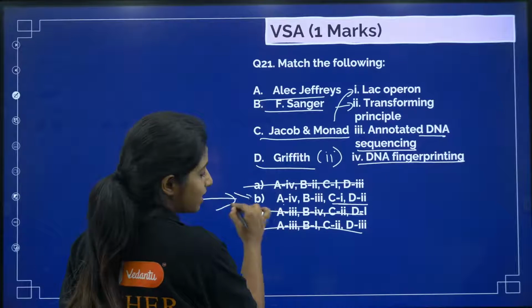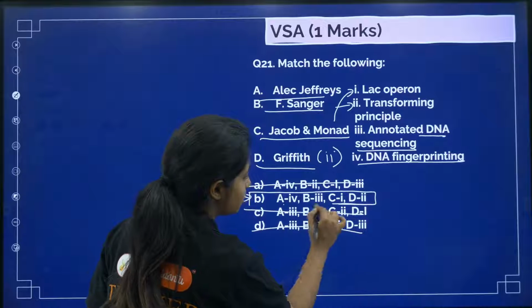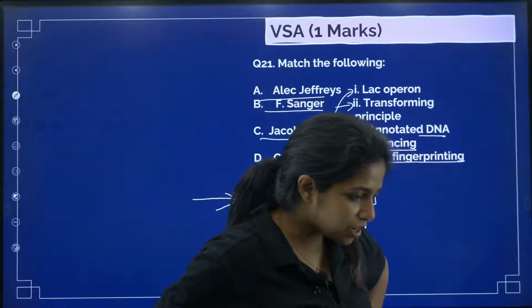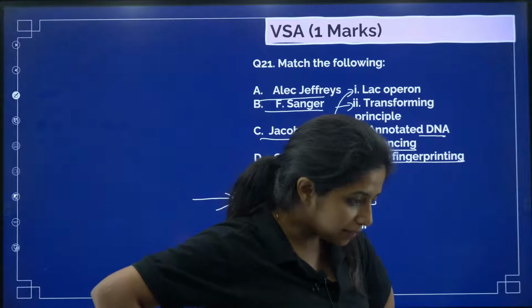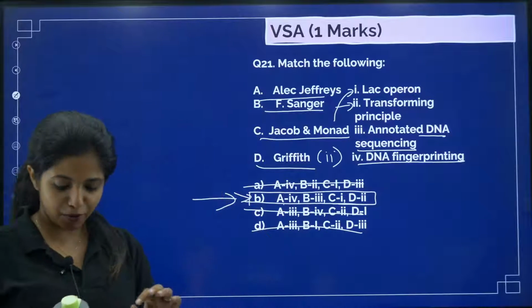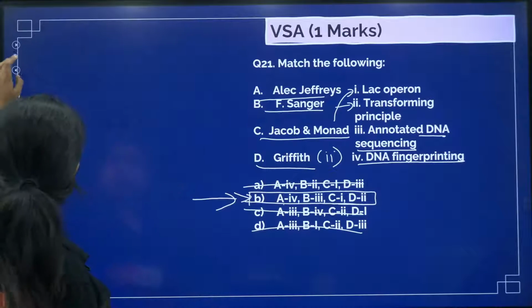So this is the answer. What is the answer? 21, the answer is B. All cool. Nishmita, Shagufta, Pratima, Mamta, Shaukat Ali, great, superb. Okay, chalo, let's go to the next question.